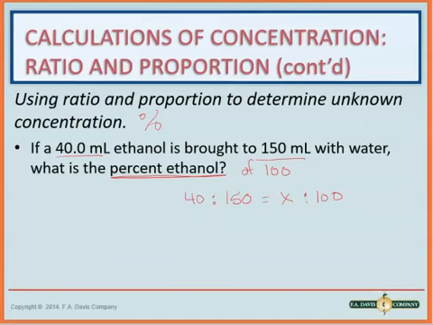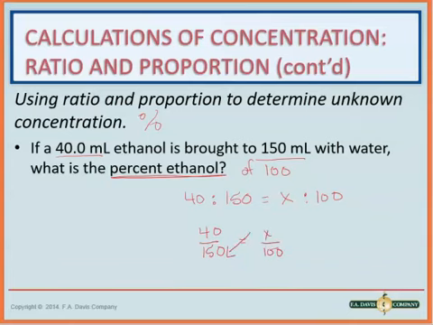Now that we have our equal ratios set up, we can set that up as a fraction so we can solve. So 40 over 150 equals x over 100.